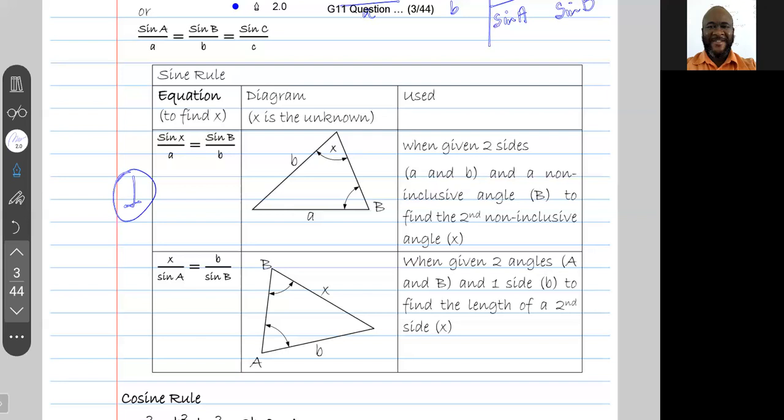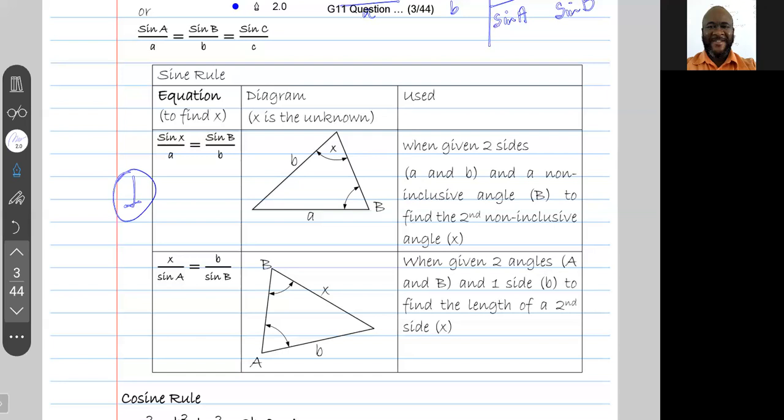So when I'm given two sides, a and b, and a non-inclusive angle B, to find the second non-inclusive angle X, that is a condition for applying the sine rule.